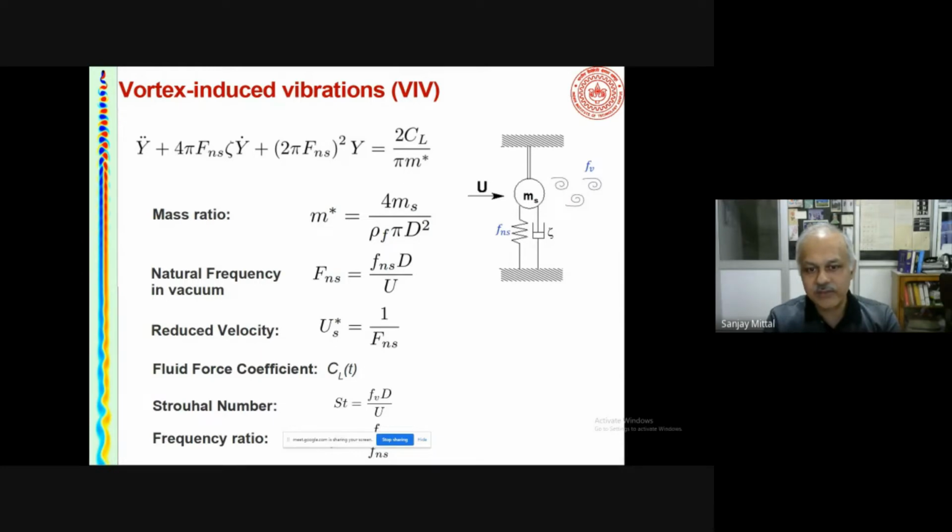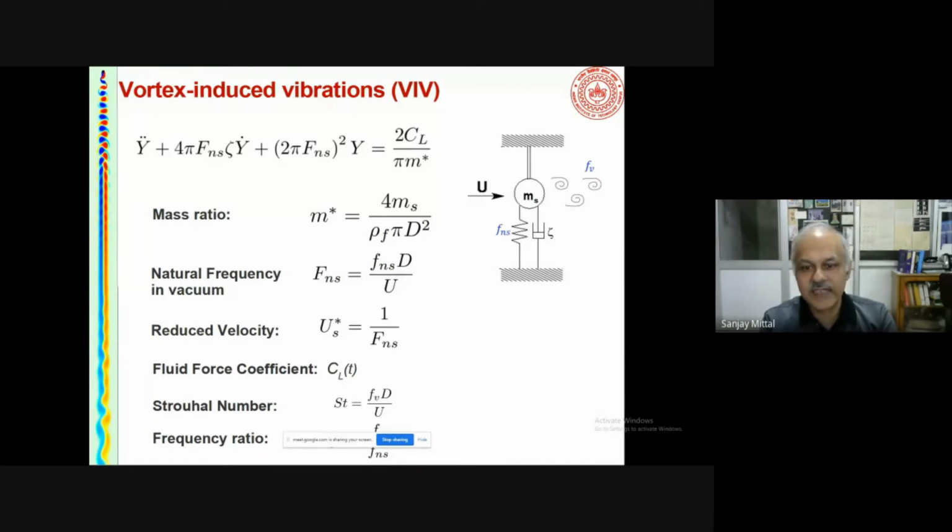And then in terms of the frequencies, there's a natural frequency, which we also non-dimensionalize. So f_ns is the natural frequency of the system, and D is the diameter of the cylinder. U is the incoming flow speed. And if you invert it, that's the term which is very common in fluid structure interaction. It's called the reduced speed.